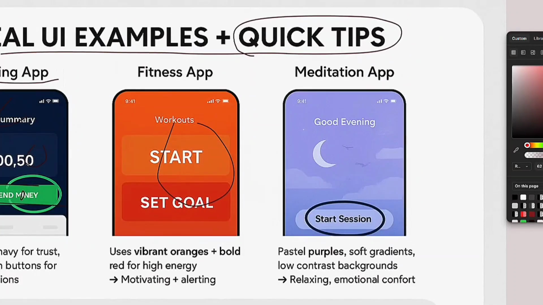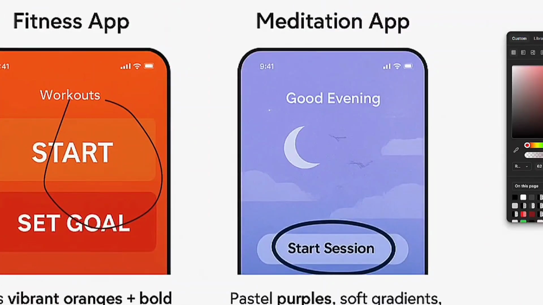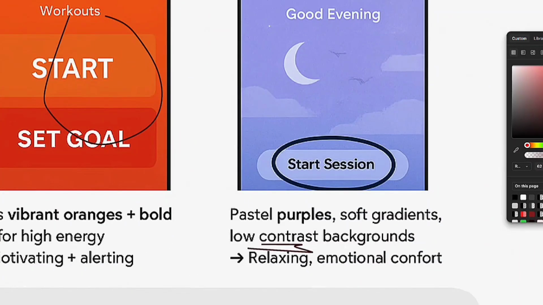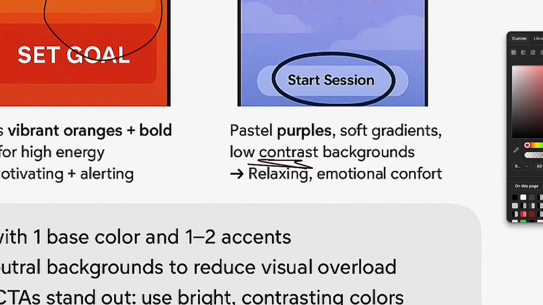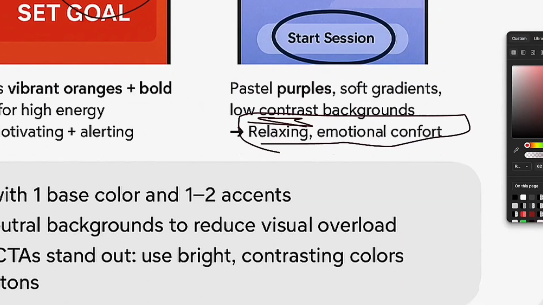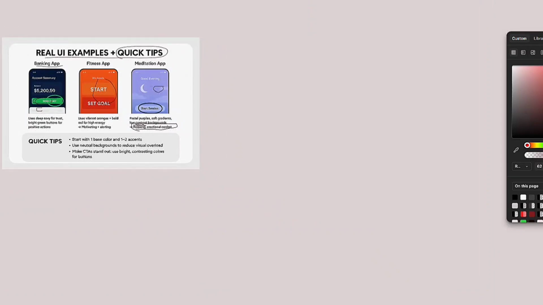This is how colors are used. Now for a meditation app, you need calm and soft gradient colors with low contrast. You can see low-contrast, light colors have been used here, which will create a relaxing and emotionally comforting experience in that app for the users.